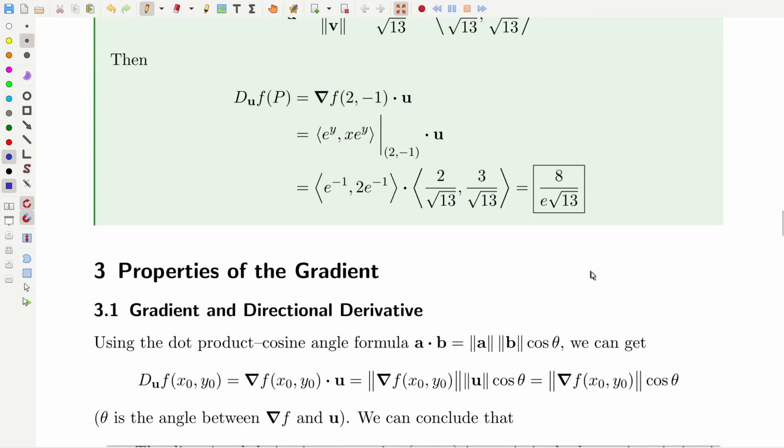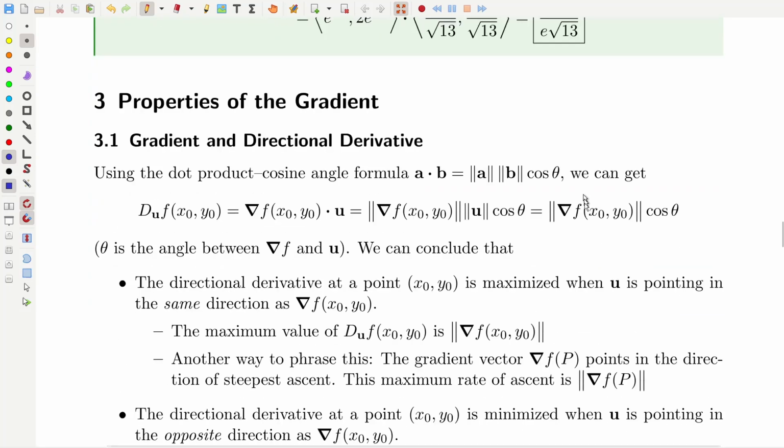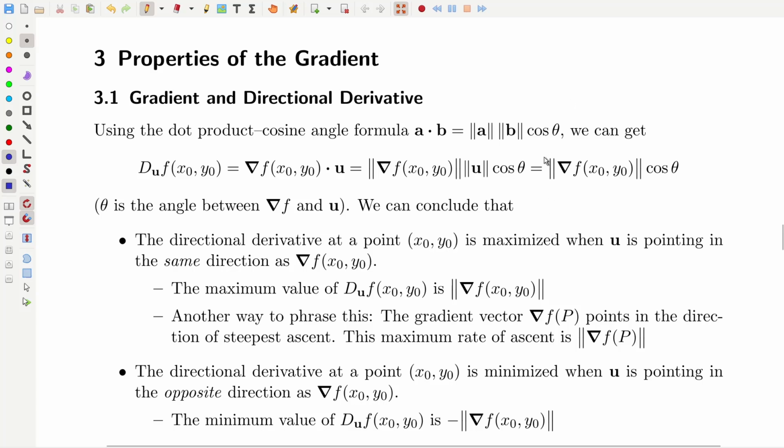Right. Now some properties of the gradient. I try to explain how we know these properties, but you can just remember them. First, let's go through how we can derive them.